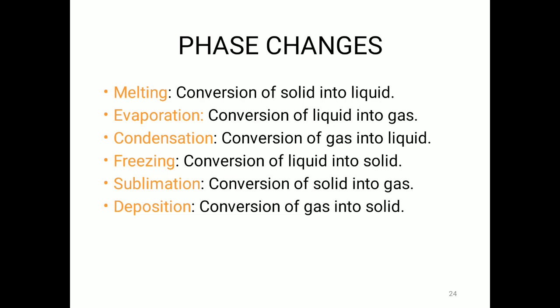Evaporation is conversion of liquid into gas. Condensation is conversion of gas into liquid. Freezing is conversion of liquid into solid. Sublimation is conversion of solid into gas. And deposition is conversion of gas into solid.